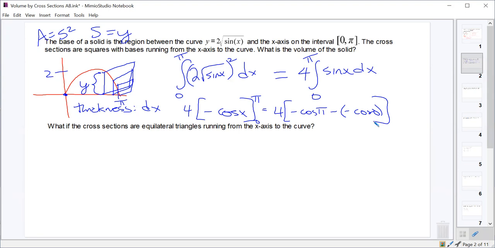Cosine of pi is -1. So we've got -1, that should be positive 1. And then what's the cosine of 0? 1. So we have minus -1, so plus 1. We got 4 times 2, 8.